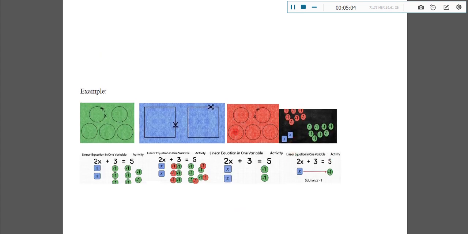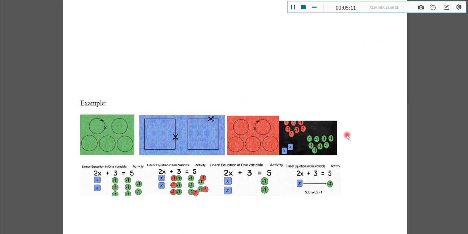Now, as soon as you have green circles, blue squares and red circles, what you need to do is write -1 on the red circles and +1 on the green circles, and you need to write a literal x. Basically these are variables, and variables are also known as literals.